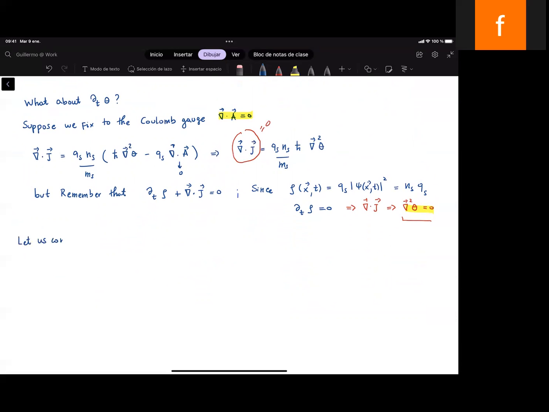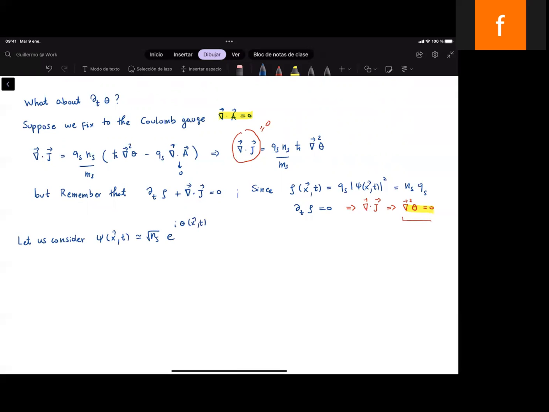So we have the macroscopic wave function. Sorry, I'm confusing the lectures, open quantum system. The macroscopic wave function is this quantity, square root of n_s e to the i theta.